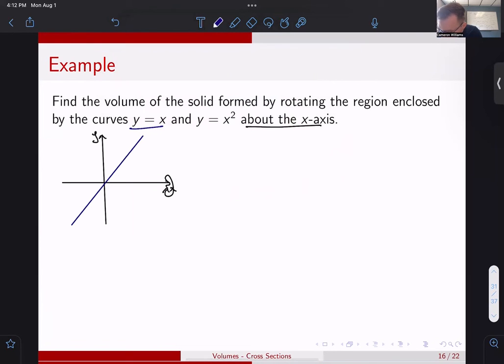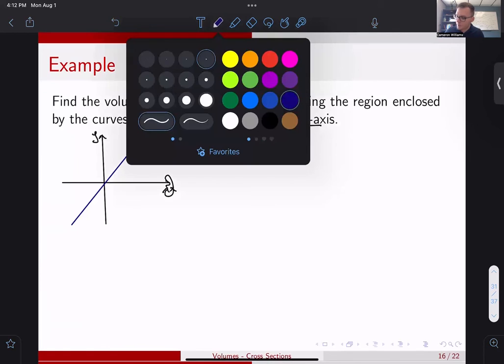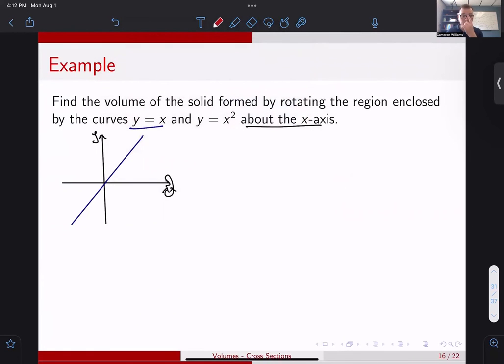Approximately, it doesn't have to be perfect. And I'm going to use red for y equals x squared. Mine obviously is not perfect. And I want to rotate that about the x-axis.